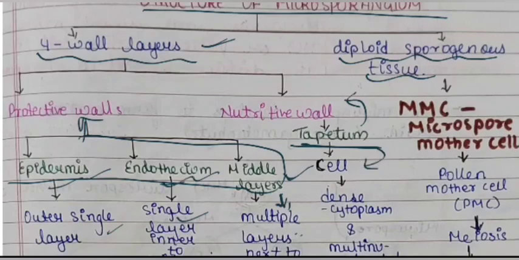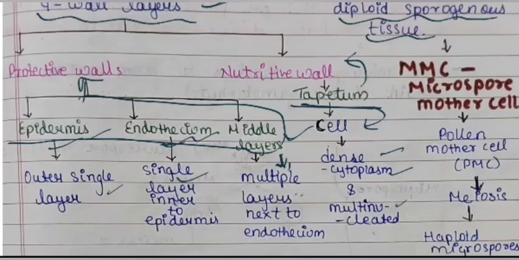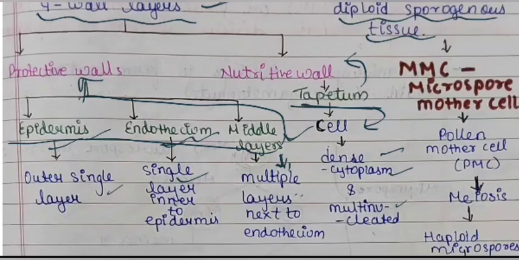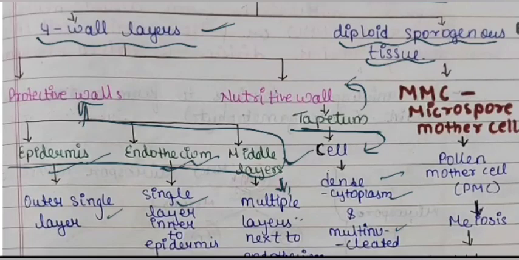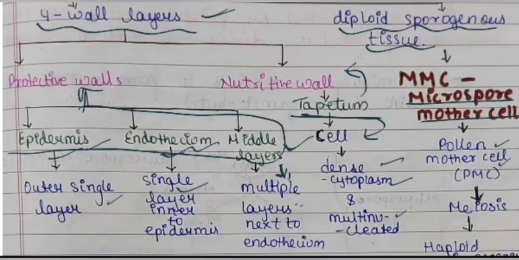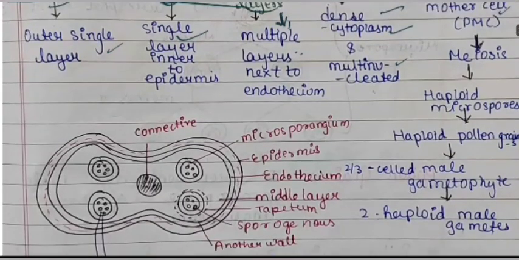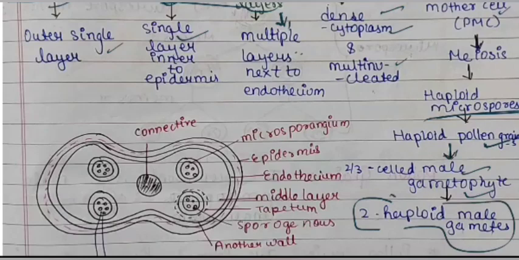The tapetum contains dense cytoplasm and is multinucleated. The diploid sporogenous tissue forms the MMC, that is the microspore mother cell, also called the pollen mother cell. By the process of meiosis, haploid microspores are formed, which further develop into pollen grains, also known as the male gametophyte. Let us take a look at the diagram.